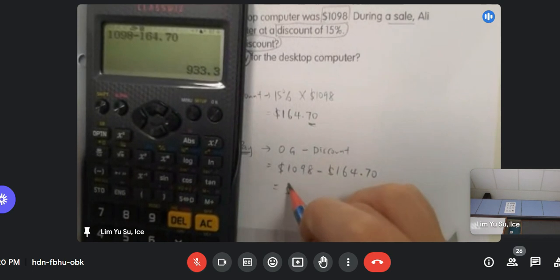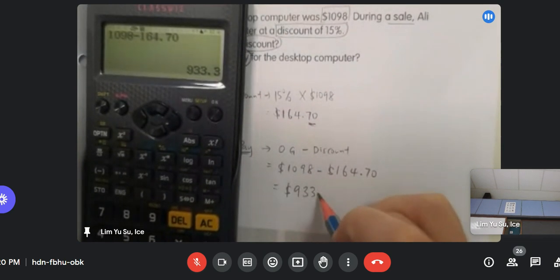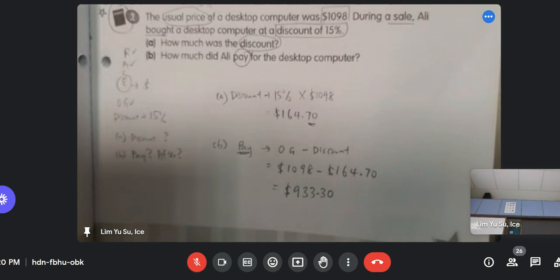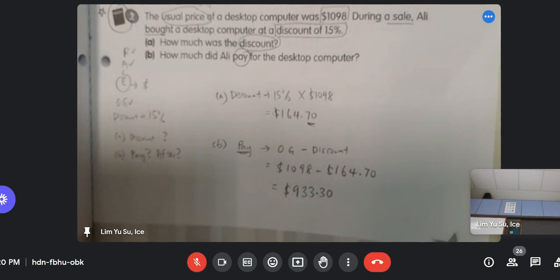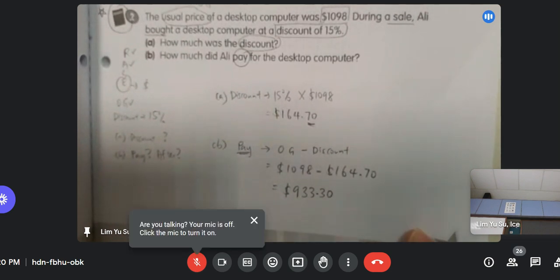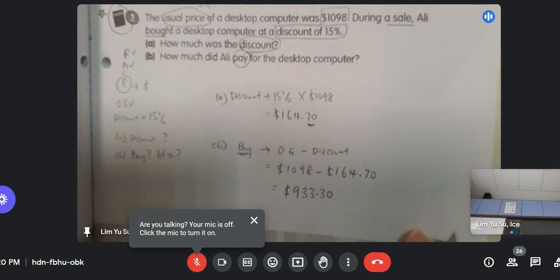The answer will be $933.30. Okay, check. Two answers here, two units. If you like to include the statement like what Sabina does, you can do that as well. Okay, moving on.